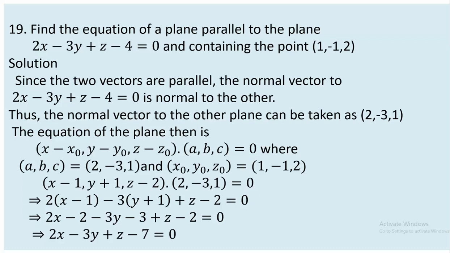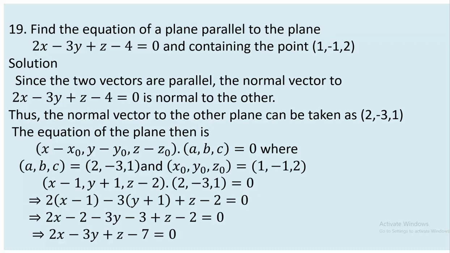So how do you assure that the obtained answer is right or not? Try to watch the coefficients, students. If you observe the coefficients of the last output with the given one, they have the same coefficients. Look, the coefficients of x, y, z for the first plane are 2, -3, 1. Here we also got 2, -3, 1. This shows you that the two are parallel.